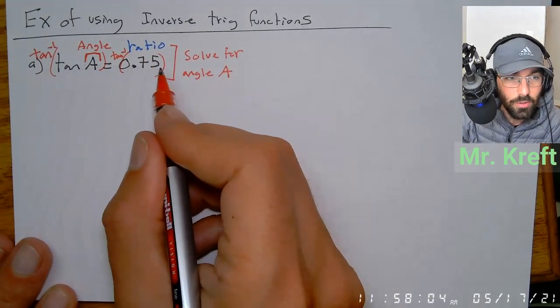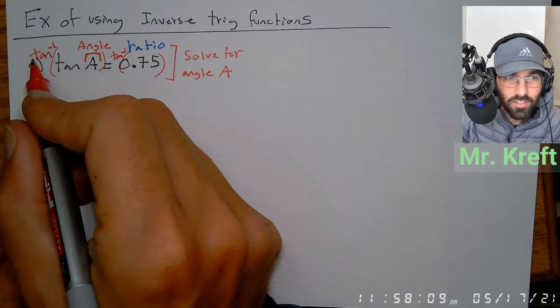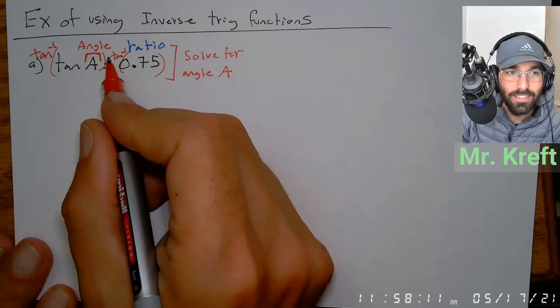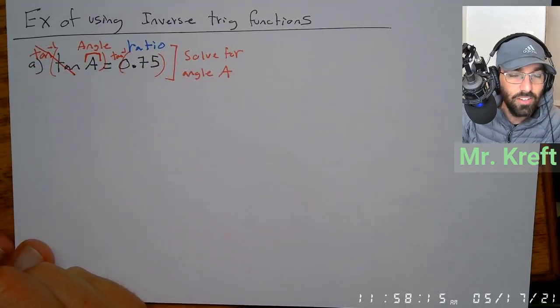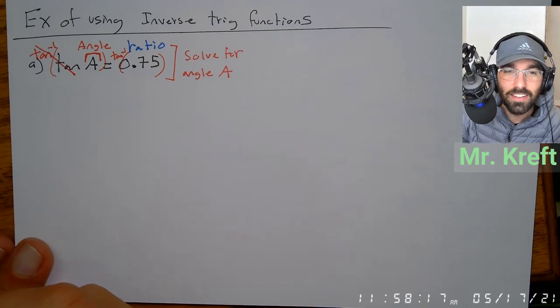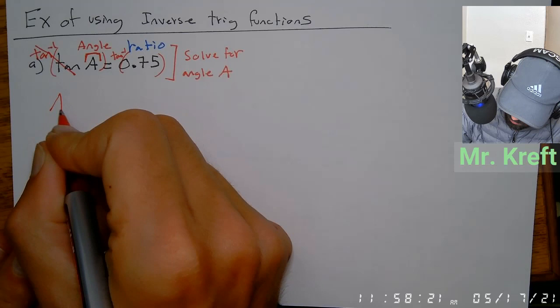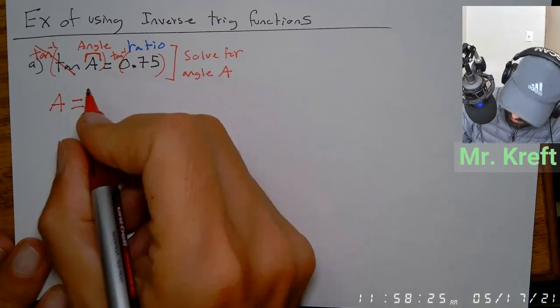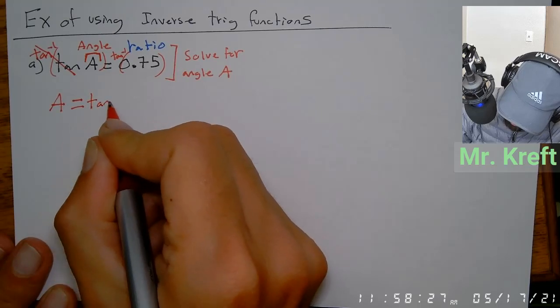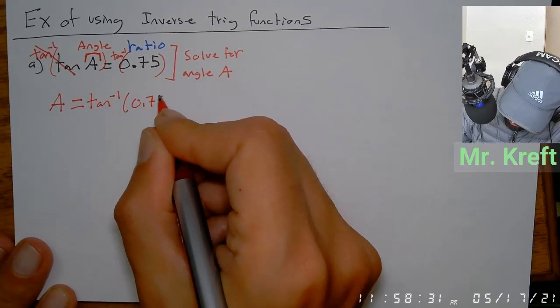I'm going to take tangent inverse of both sides, the left and the right. And those tangents go away, just like the square and square root go away. So what am I left with? I'm left with my angle A equals, and this tangent inverse stays. It doesn't cancel out. So I'm left with tangent inverse of 0.75.